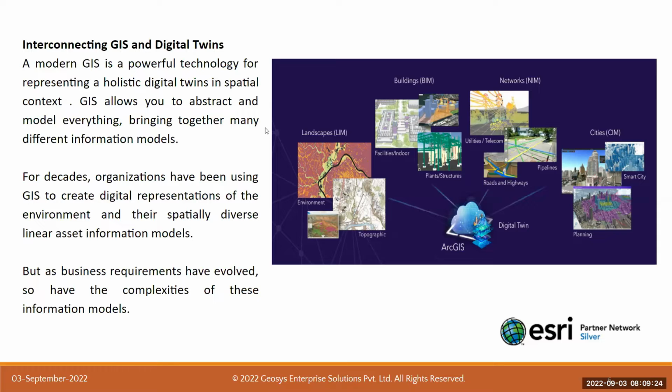And not only that, you can also work with your utilities, gas pipelines, and your telecommunication networks, and so whatnot. You can work with n number of things when you're integrating your GIS with your digital twin.